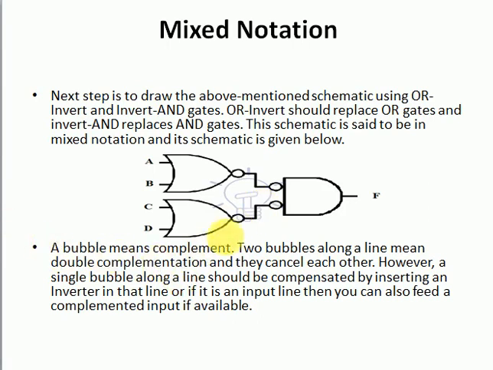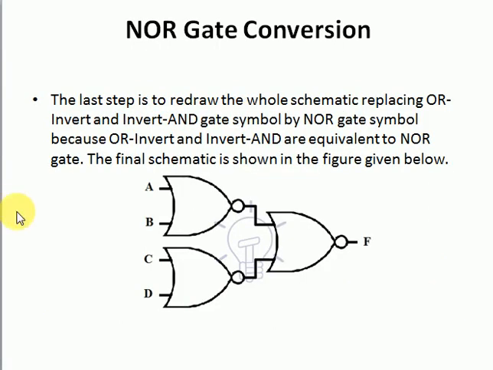Now we will change these OR-invert and invert-AND gates into NOR gates. How? This first one is a NOR gate, this is also a NOR gate, and this invert-AND gate will be replaced by a NOR gate, and we will have this. This is the third step, in which NOR gate conversion is done.